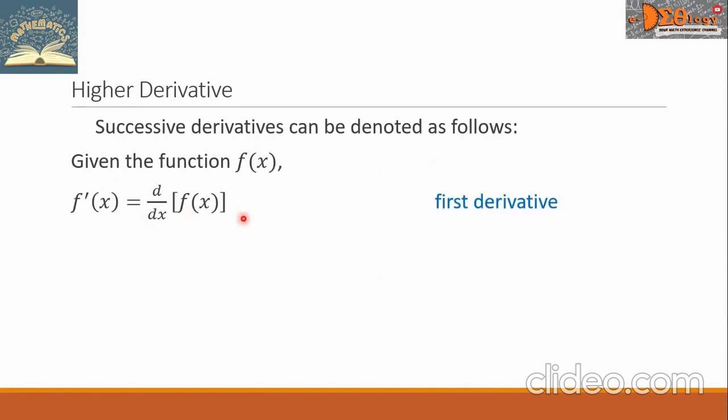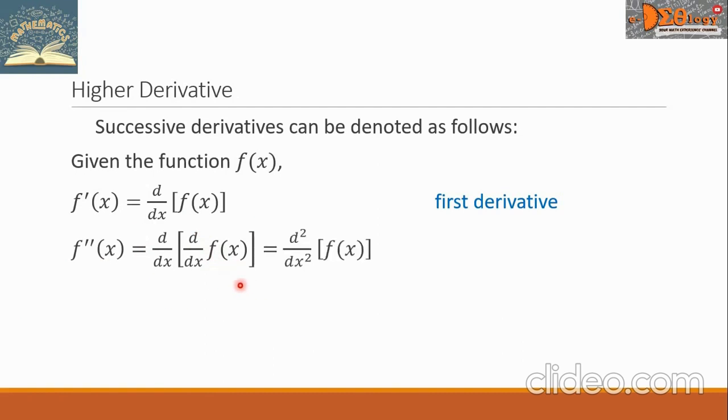This is the first derivative. f double prime of x is equal to d over dx of d over dx of f of x. Simplifying this, we can write d square all over dx square of f of x. And this notation is for the second derivative.